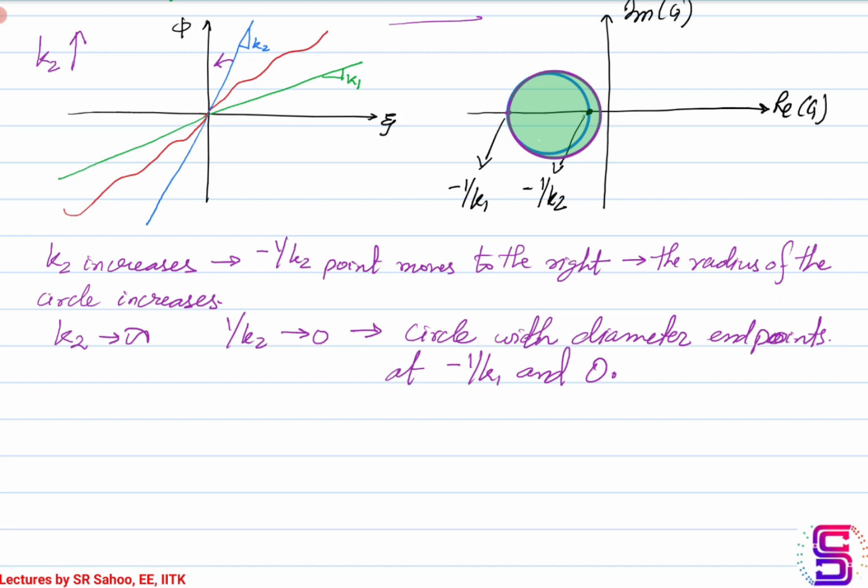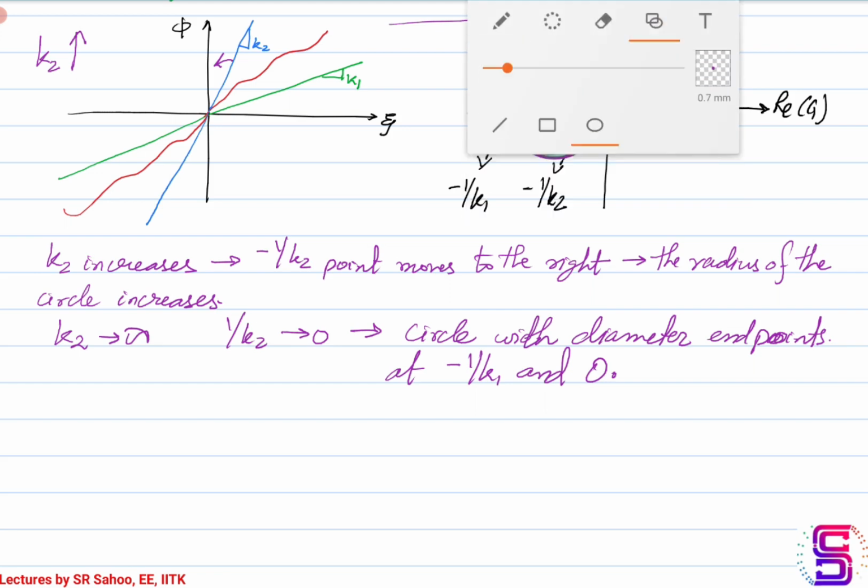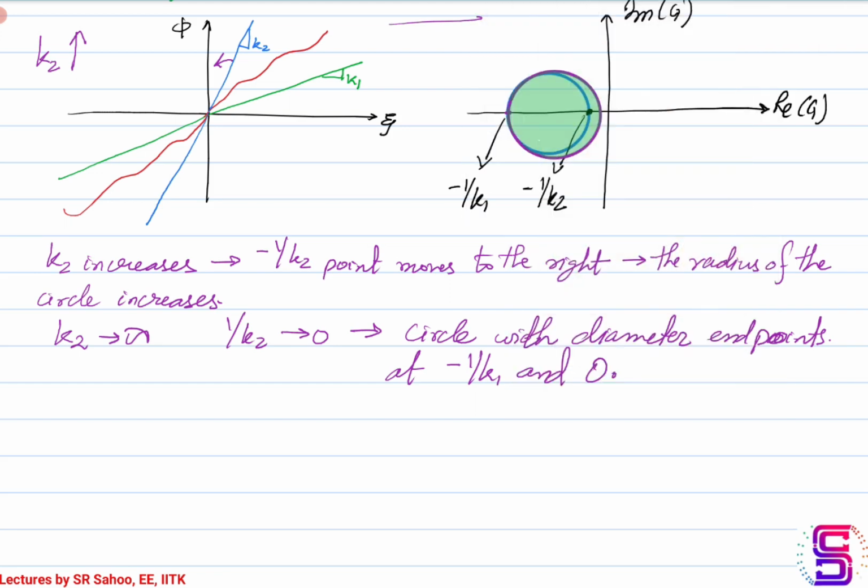So unlike the previous case, you still have a circle whose diameter endpoints are at minus 1 by k1 and 0. Okay, so it is going to be this particular circle. I mean, I'll shift this circle. But this circle is not going to cross onto the right half.